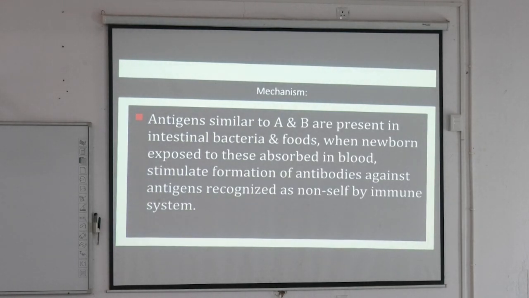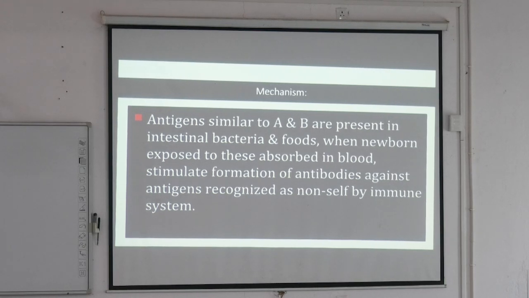So antigens similar to A and B are present in intestinal bacteria and foods. What is the purpose of weaning? What is the purpose of starting food, or the rice ceremony of the baby at around 6 months?